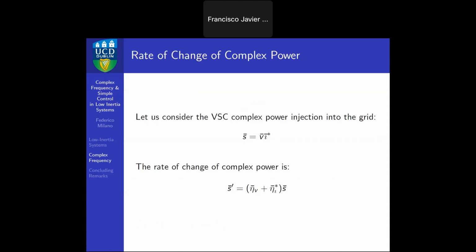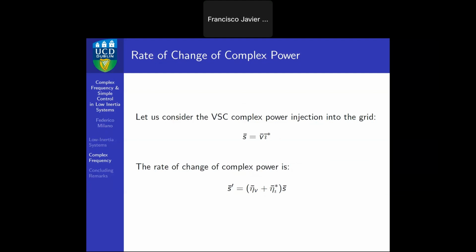So the combination of these two, between voltage and current, gives the behavior of the internal frequency or complex frequency of each device. Now, we are going to discuss it as power injections, again with this S prime, but instead of using the formulation that I gave before, I'm going to use this one, which is the complex frequency of the complex power. It is the sum of the complex frequency of the voltage and the conjugate of the complex frequency of the current, right?